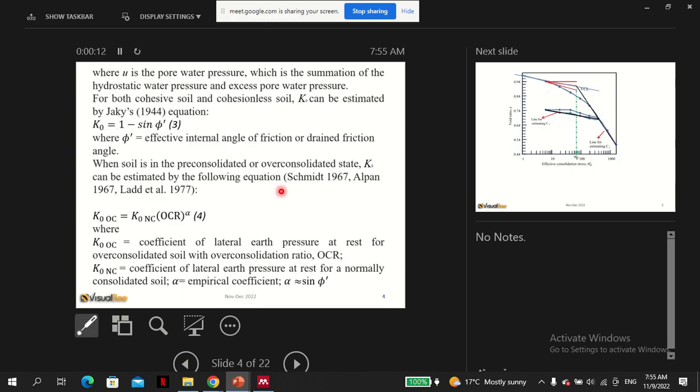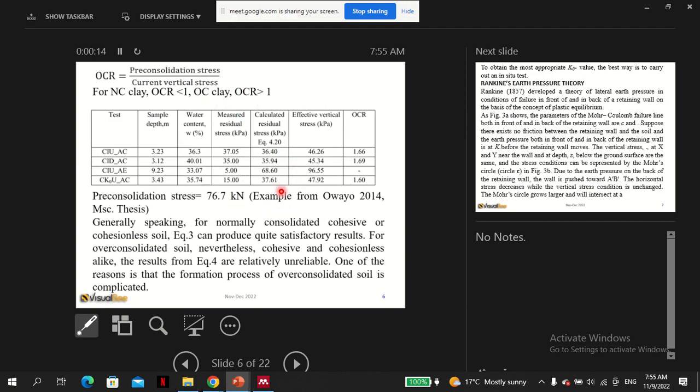Okay, so that's with the issues of consolidation, and then we've said question 3 is satisfactory for normally consolidated clay, whether they are cohesive or cohesionless. For over-consolidated soil, cohesive and cohesionless alike, the results of question 4 are relatively unreliable.